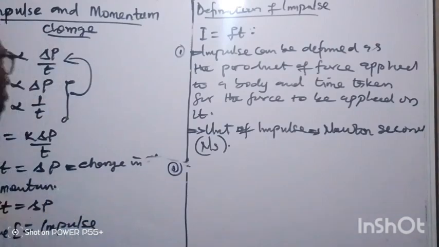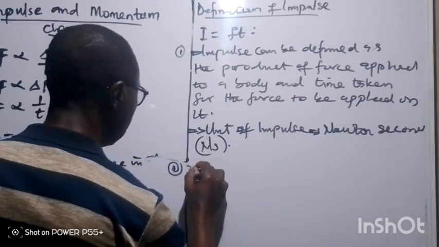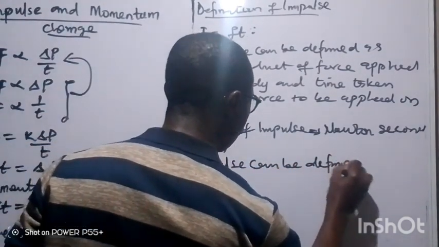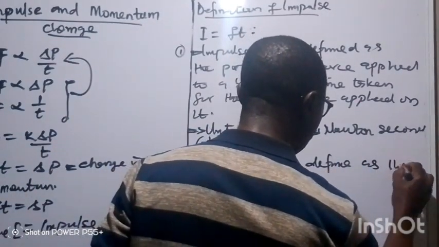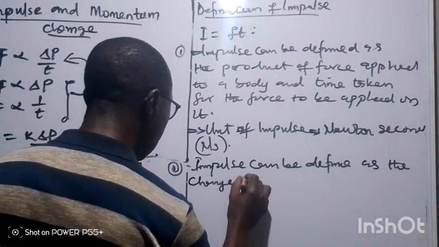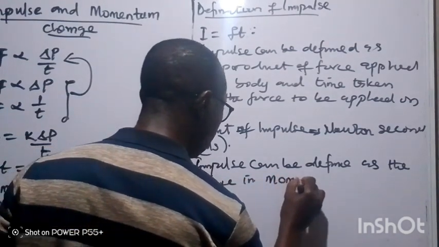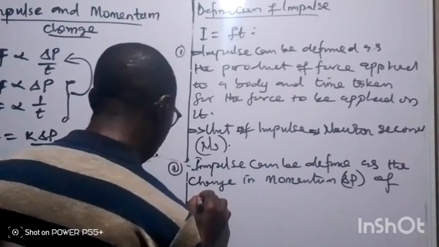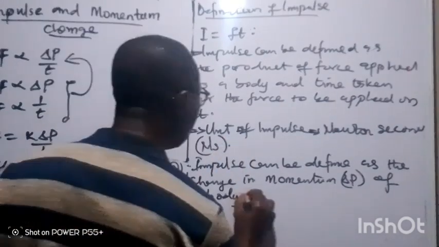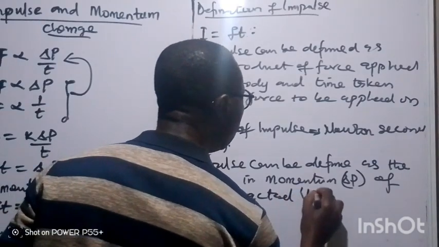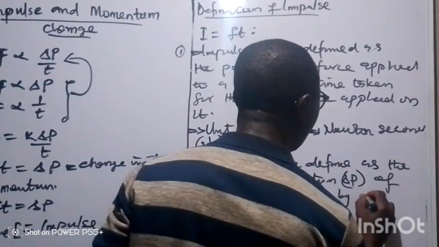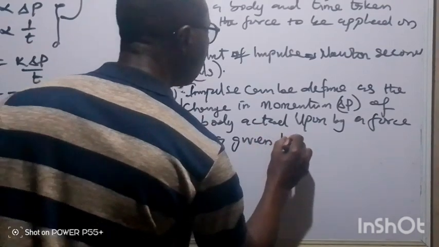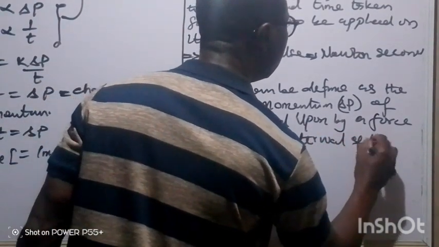Definition number 2. Impulse can be defined as the change in momentum, that is delta P, of a body acted upon by force for a given interval of time.